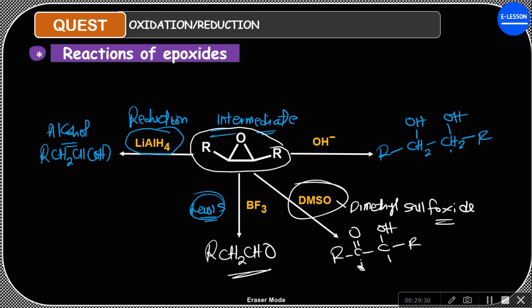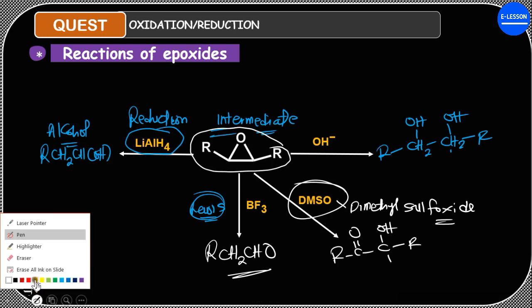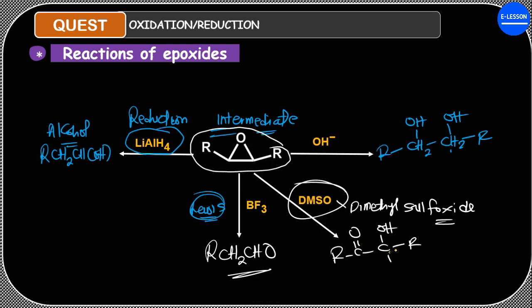Now what do we mean by this statement? Alpha ketal means a particular ketone that has OH at the alpha carbon. Recall that this is the predominant functional group here, so this next carbon here will be alpha carbon. So a ketone that have OH at the adjacent carbon is called an alpha ketal. All right, so that is that.